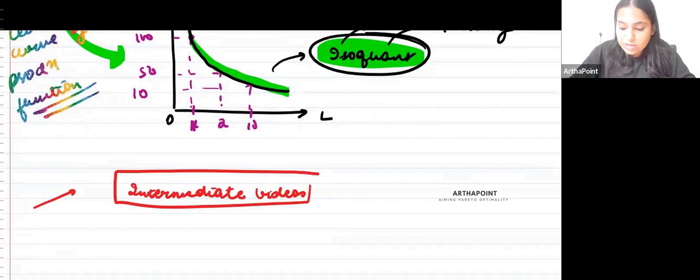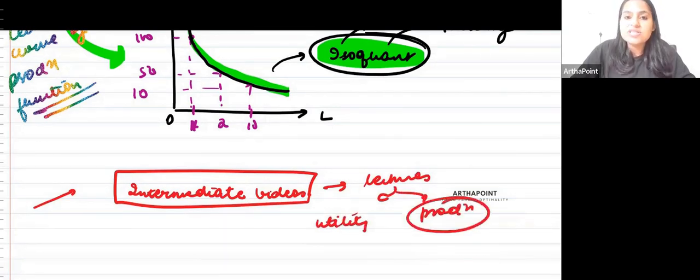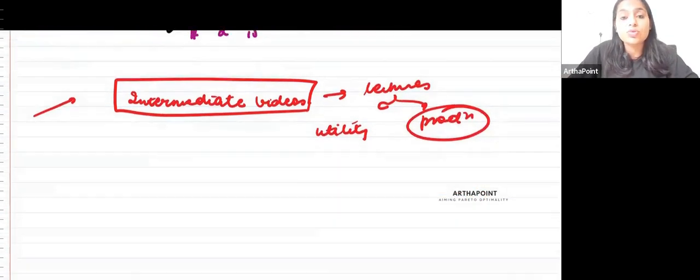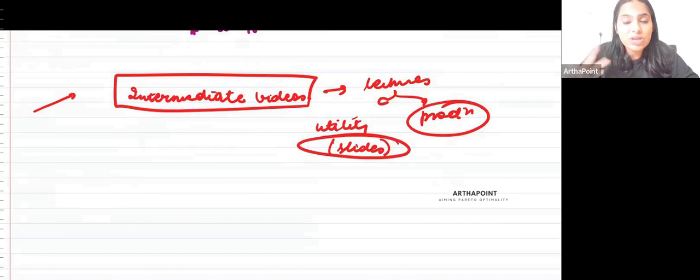In my lectures, both for utility and for production, you will see very colorful graphs that show you the going from the 3D diagram to the 2D diagram. I think slides are also posted for the same. So you can have a look at how you keep getting 3D diagrams and how you reach the 2D diagram. But this is what the production function is.